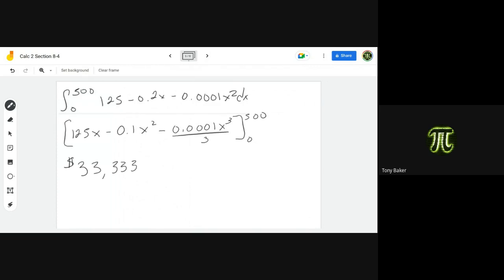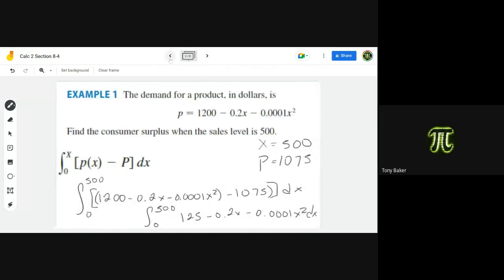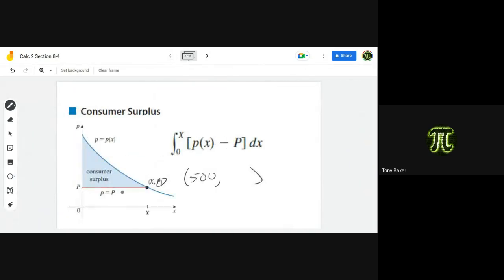That's the consumer surplus. Basically, the consumer surplus is the difference between what the consumer is willing to pay and what the consumer actually pays for the product. If we look at the graph, this is the sales and this is the price.